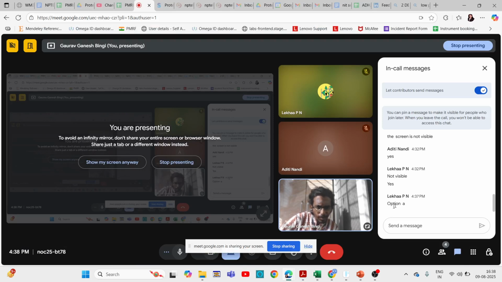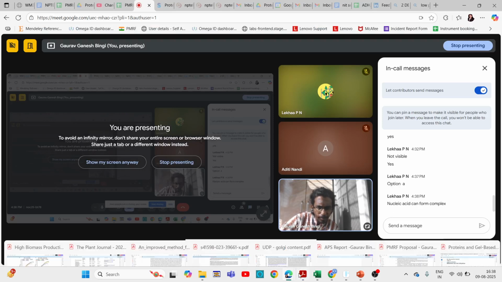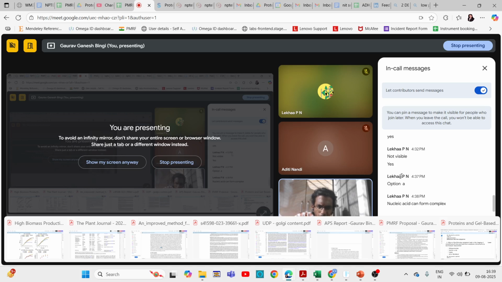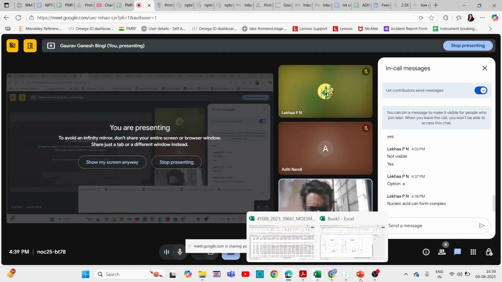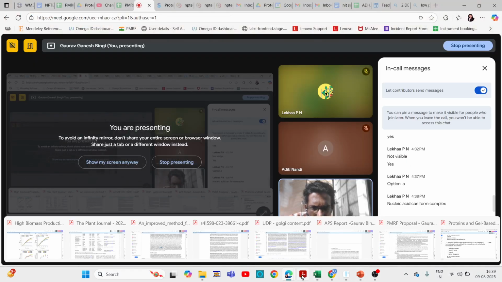Should I show the question again? Nucleic acid can form complex. Yes. What else can also form? Do you think only one can form complex?